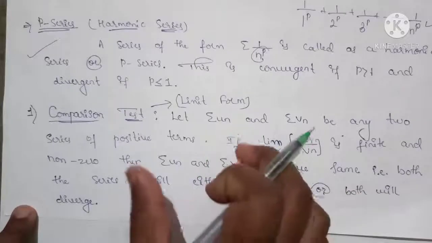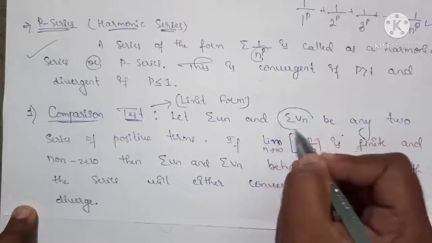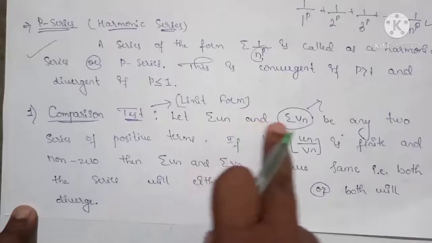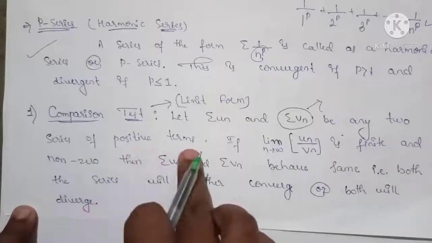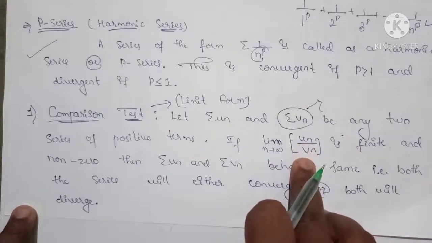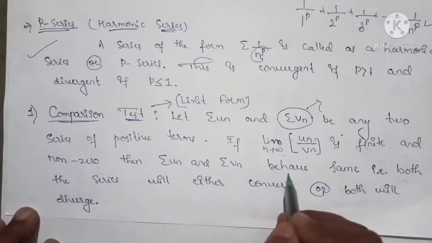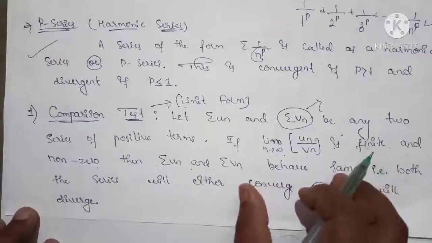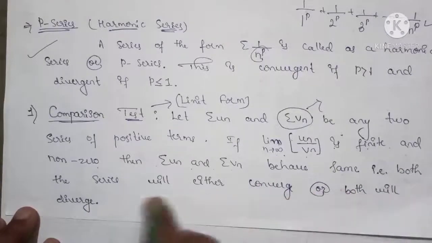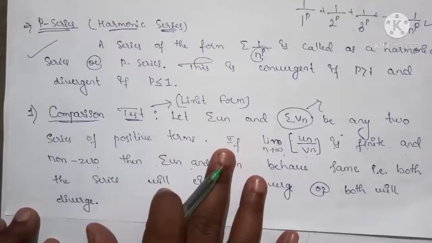Here un is the given series and vn we have to choose. If the limit as n tends to infinity of un divided by vn is finite and non-zero, then summation un and summation vn behave the same. That means both series will either converge or both will diverge. This is the limit form of the comparison test.